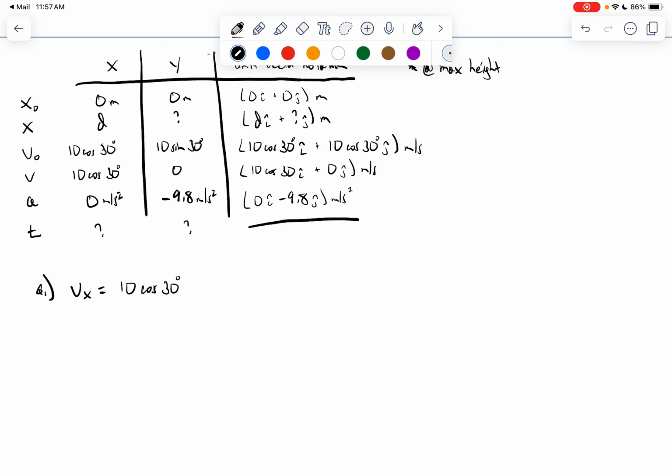But if we do 10 cosine 30 degrees, that is going to give us 8.66 meters per second. And again, our velocity in the y direction we know is going to be 0 at the max height. So combining these two to get the overall magnitude, we're just going to have a speed of 8.66 meters per second.